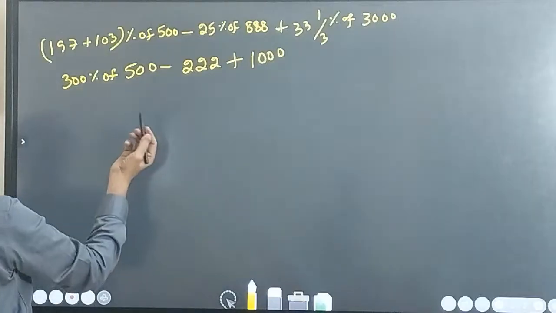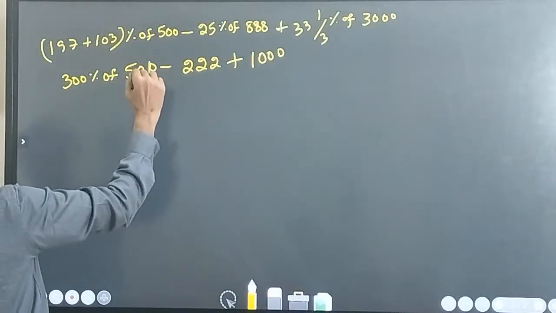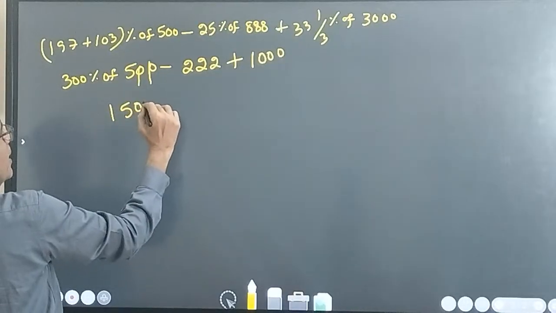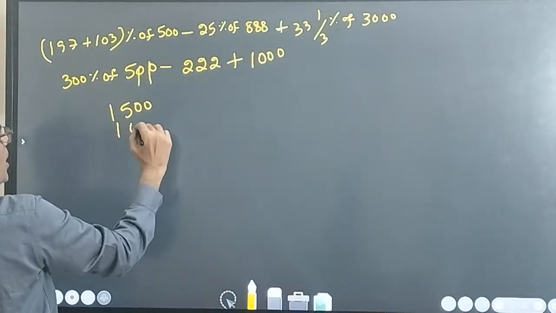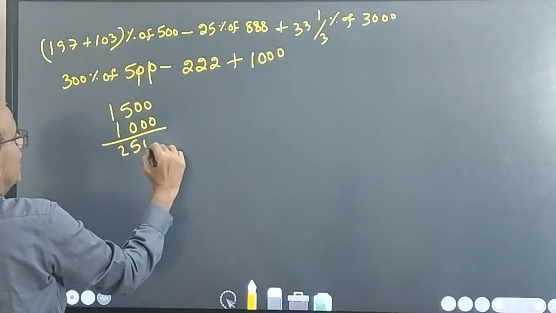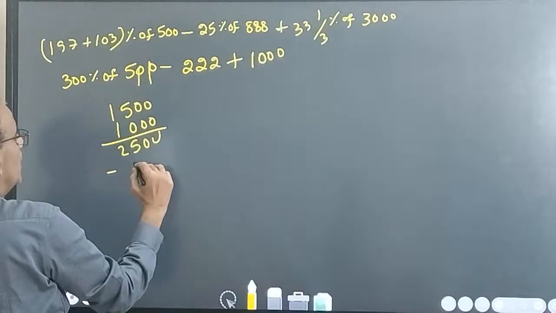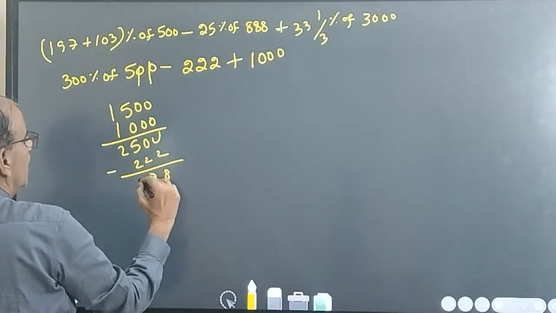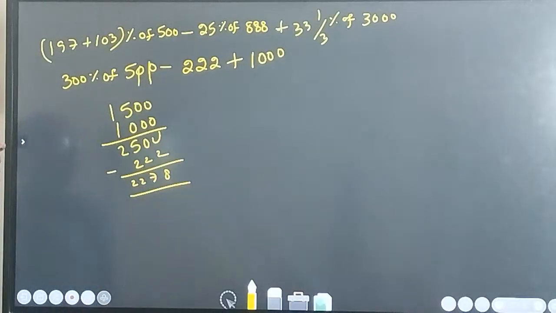Okay. I told you remove 2 zeros. 3 into 500 is 1,500 plus 1000, that is 2500. What is the minus value? Minus value is 222. How much? 2278.